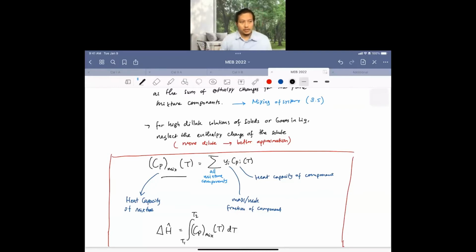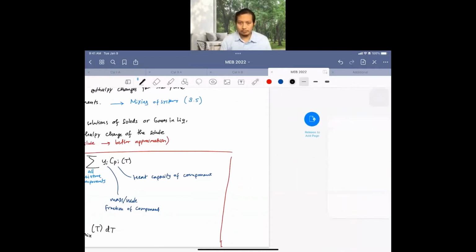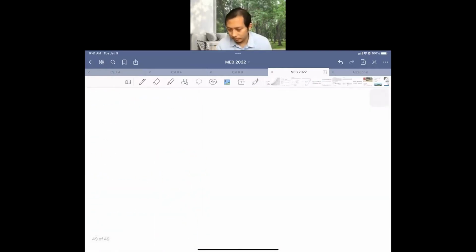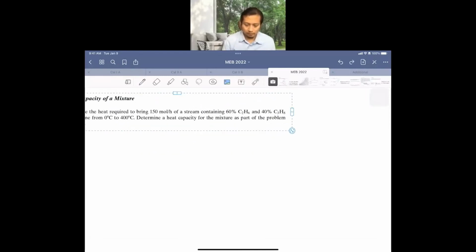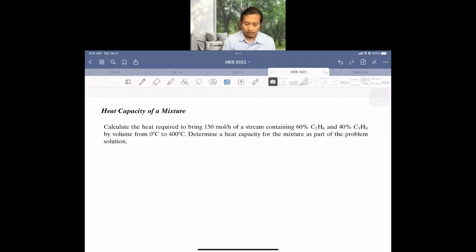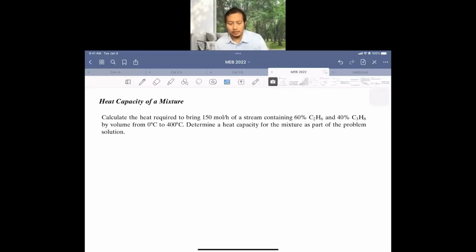Now, let's see a particular example. Calculate the heat required to bring 150 mole per hour of a stream containing, now you have 60% and 40%, so you have different components, and then you have a temperature change from 0 to 400 degrees Celsius.